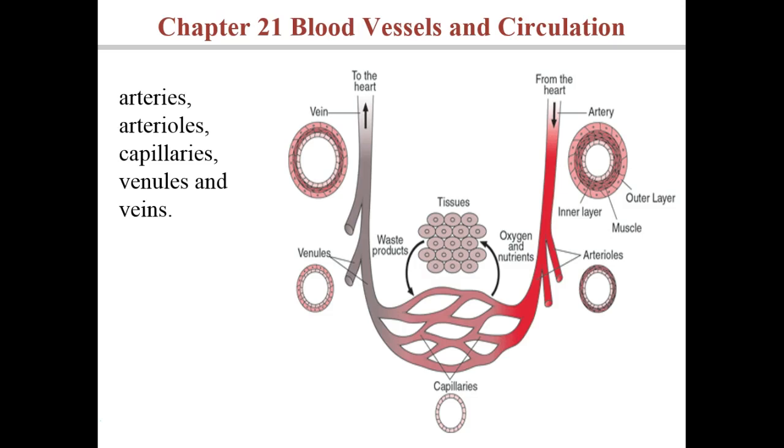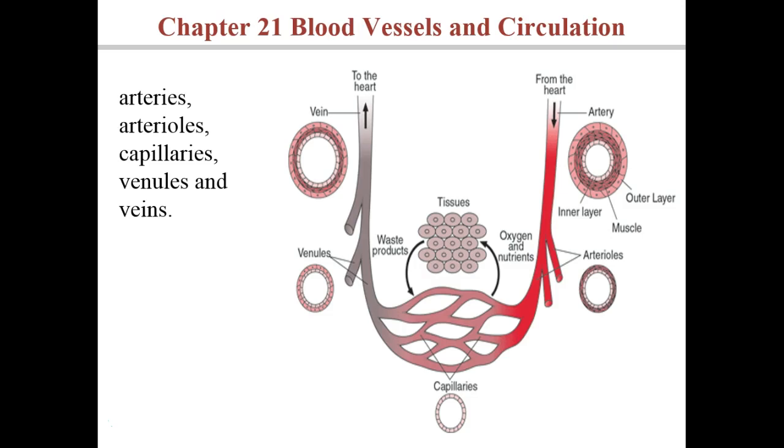The key players in vessels are arteries, arterioles, capillaries, venules, and veins. Arteries, their definition at this point, carry blood away from the heart. Arterioles are the smaller branches of arteries.